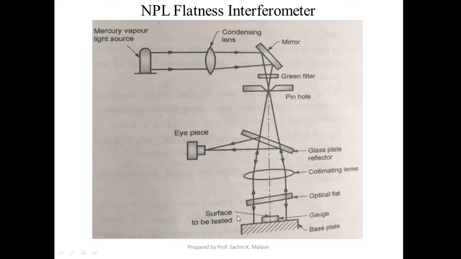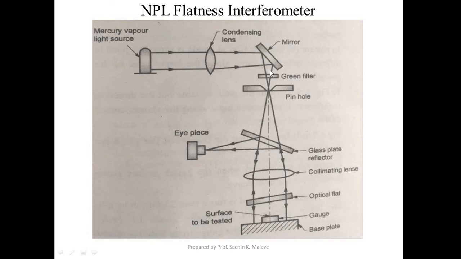In this interferometer, mercury vapor light is used as the source of light. Now this light contains waves of different wavelengths, so we will require a single source of light. This light passes through the condensing lens and then goes to the mirror. The mirror will pass this light to the green filter.